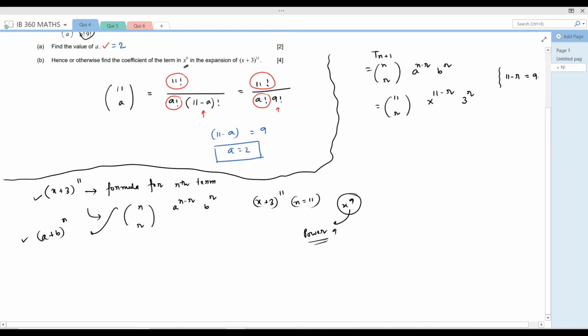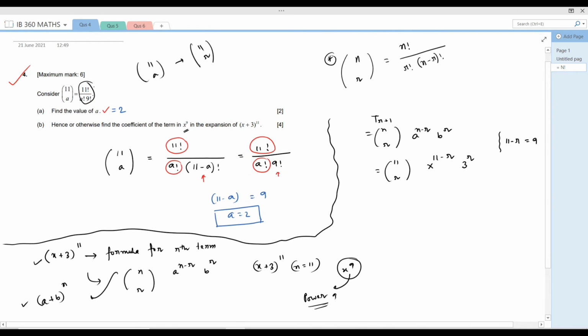Just comparing these two equations, this is basically r factorial into 11 minus r factorial, and it is 9 factorial. So 11 minus r equals 9, so r equals 2. We have got the value of r.